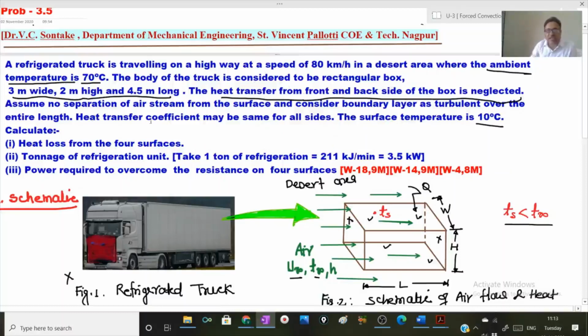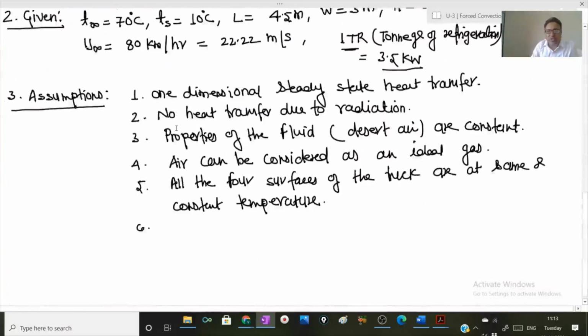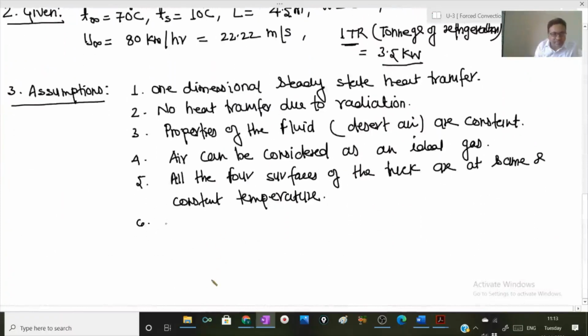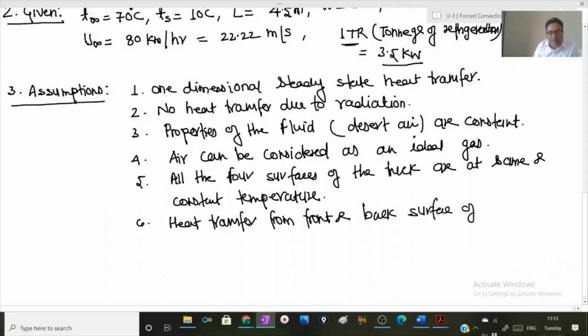So you have been asked to assume this. So heat transfer from front and back surface of the truck are neglected.